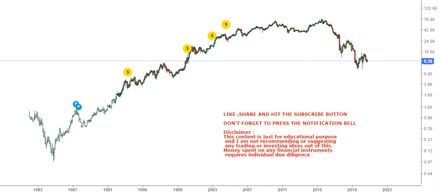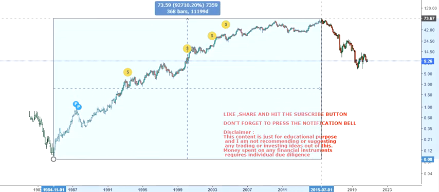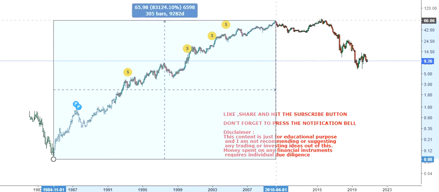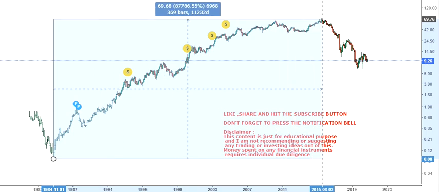Now let's start with the previous trend. From the lows of 1984, if somebody is holding that stock from 1984 to the highs of 2015, it has given a return of 87,786%. For a company to grow this much requires lots of energy, time, resources and everything.